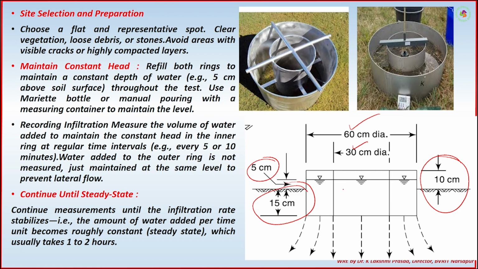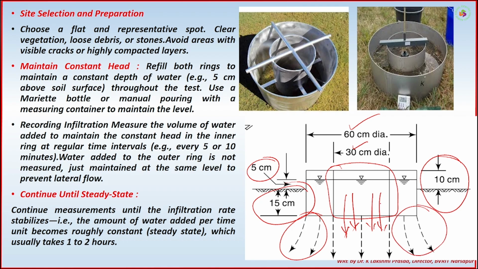So now if you observe the inner cylinder part, the entire flow is going vertical. That is what we want. If it is flowing vertical, that is contributing to the infiltration. If it is flowing lateral, that is not contributing to the infiltration. It is only flowing as subsurface flow, which we are not calculating right now.